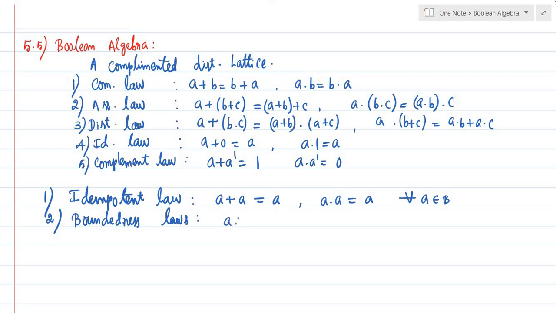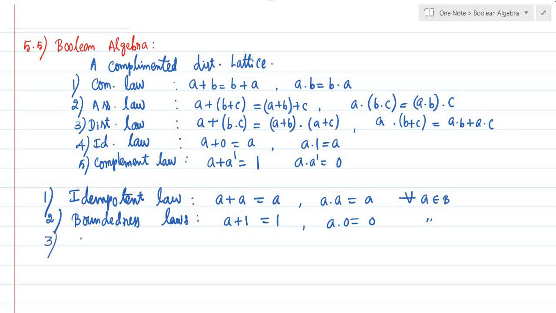Actually, the formula becomes A plus 1 is equal to 1 and A dot 0 will be 0. Here also it is true for all A belonging to capital B. And in the same manner, as we discussed in lattices, here also the complement value will be unique. Even if you consider two different complements, you can prove both are equal.